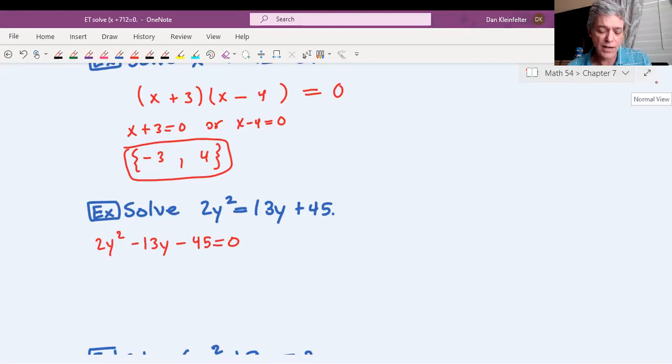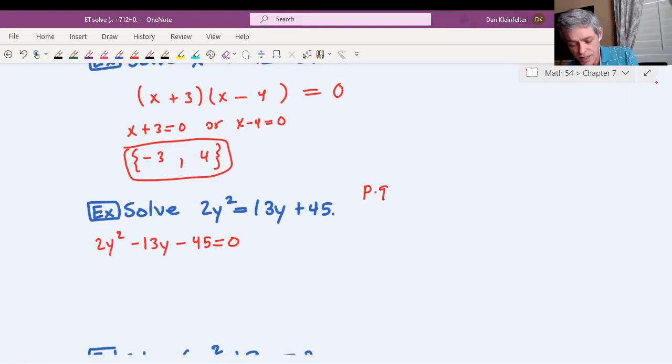I've also subtracted the 45. Okay, so now there's no common factor. It's 3 terms. It's clearly not a perfect square trinomial, so I'm going to need to factor this thing using either trial and error or the PQ grouping method, which I think is easier, so I'm going to do that.